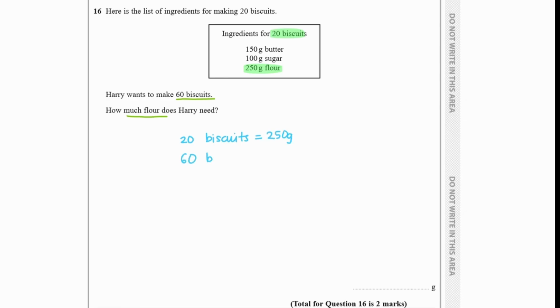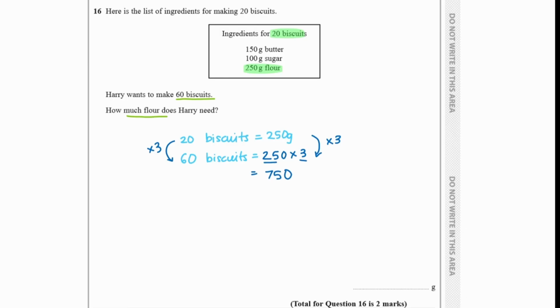So in order to make 60 biscuits, we need to check what we have done to the recipe. So as we can see, we are now making 3 times more the amount, which means that each ingredient in the recipe would have to be multiplied by 3, including the flour. We are therefore going to do 250 times 3, and 25 times 3 is 75.